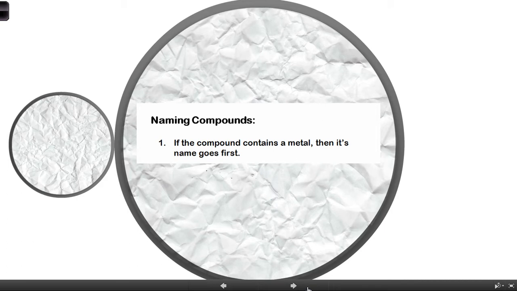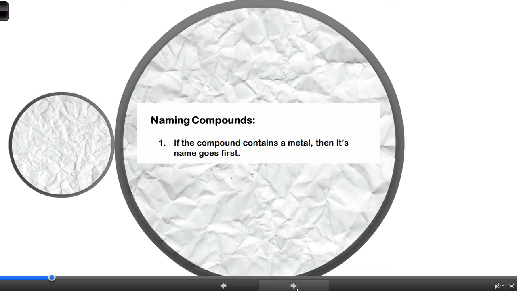And it's tradition, if a man and a woman get married, it's often the man's name who goes first on the invitations. You tend to see in letters Mr. and Mrs. So sorry girls, it's a bit old-fashioned, but it tends to be the guy's name who goes first. Like that, guys, it's the metal whose name goes first when we're naming the compound.